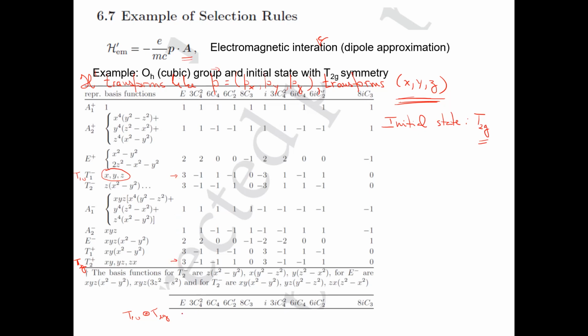So in the end, you have 9, 1, minus 1, minus 1, 0.